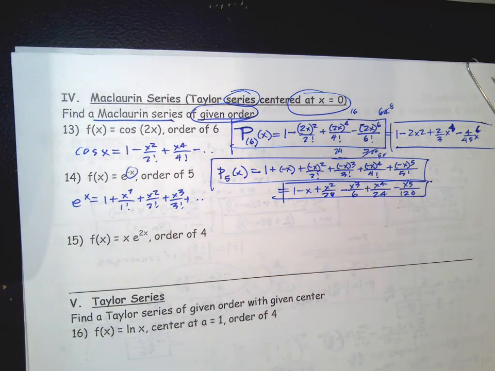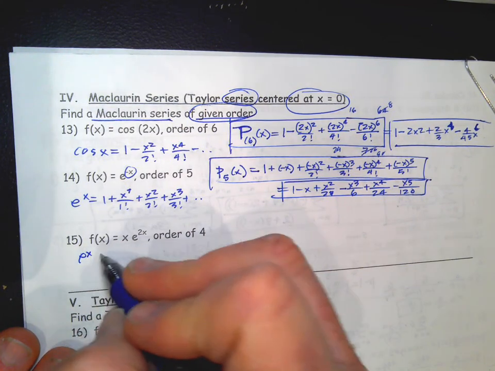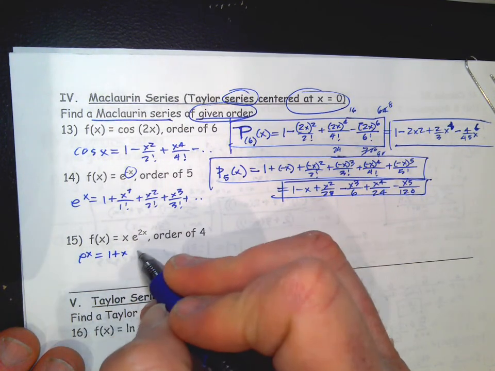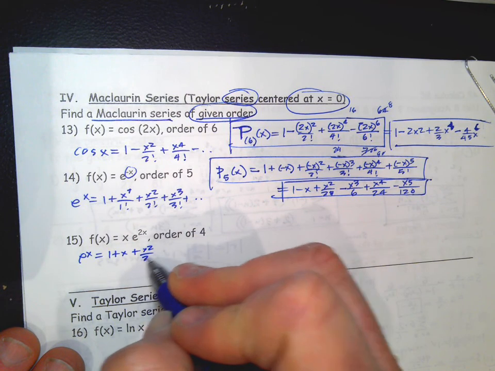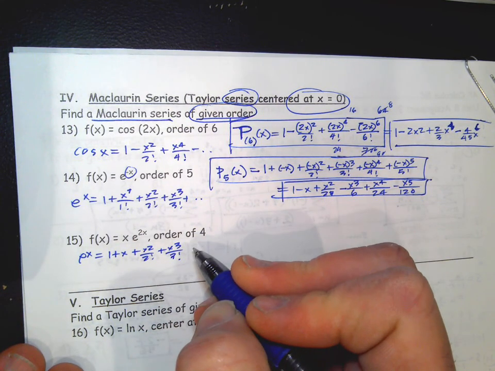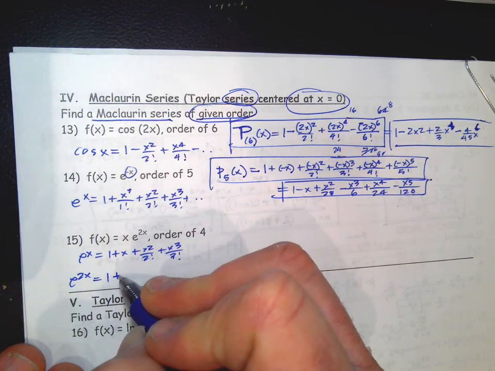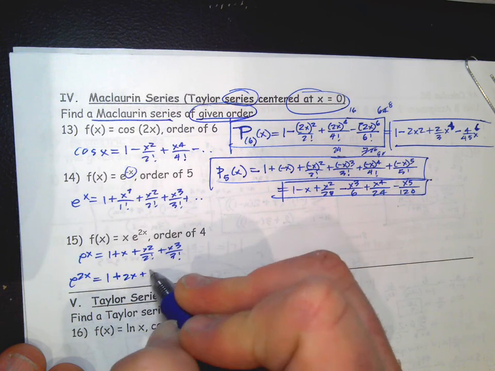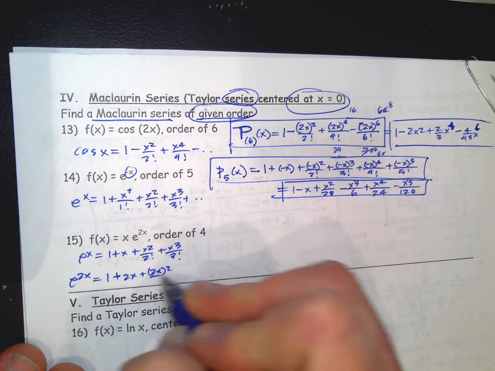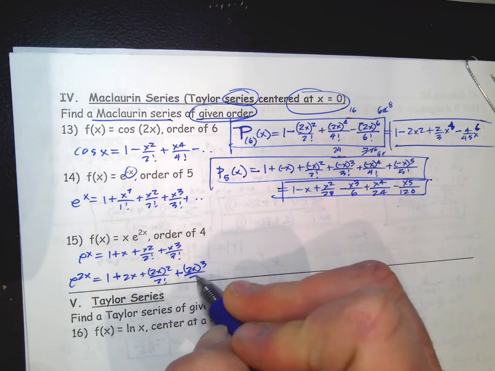Okay, next one. So e to the x is 1 plus x plus x squared over 2 factorial plus x cubed over 3 factorial. And then e to the 2x would be plugging a 2 in all these. So it'd be 1 plus 2x plus 2x squared over 2 factorial plus 2x cubed over 3 factorial.